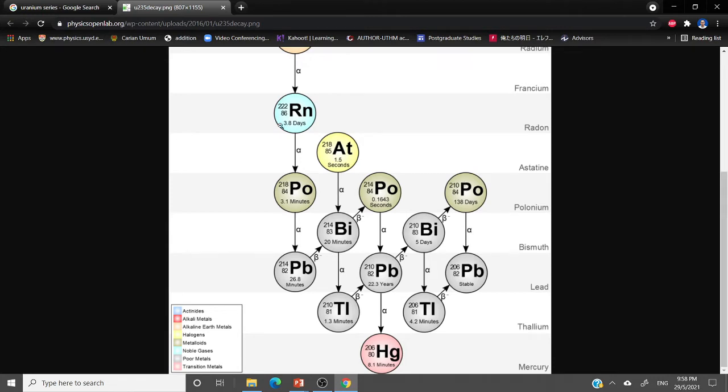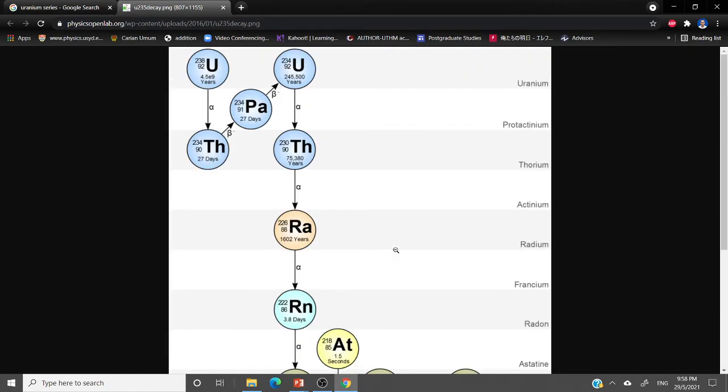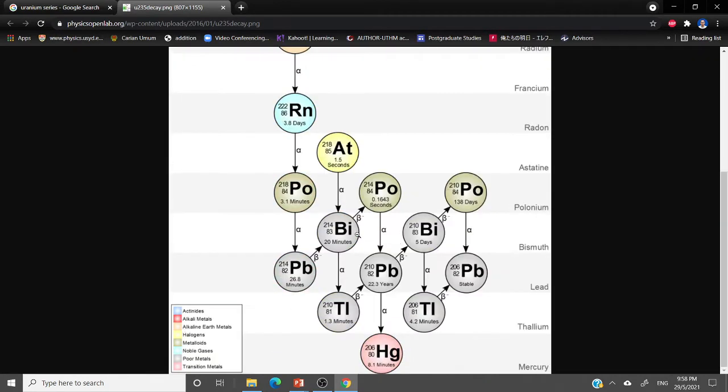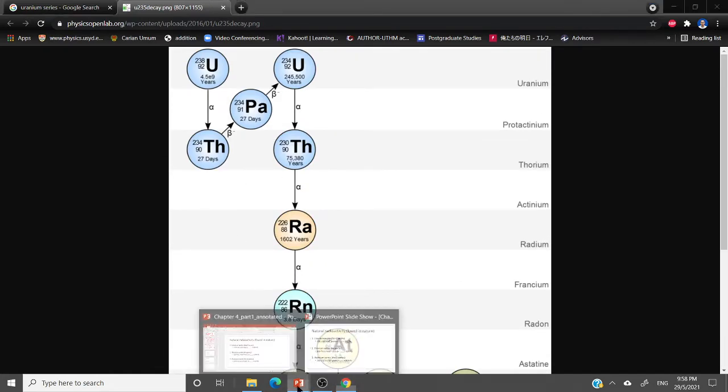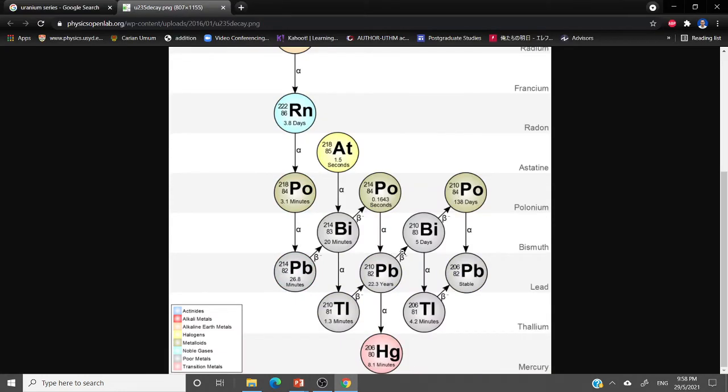Finally, if you follow the trend, you will reach the stable lead 206, which is stable.